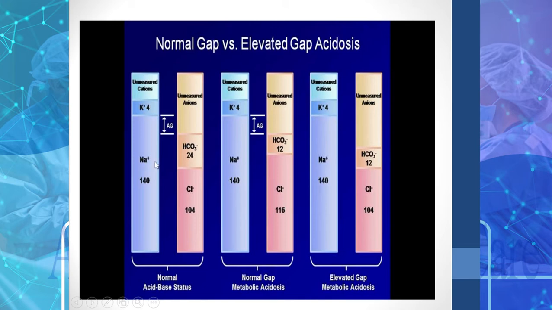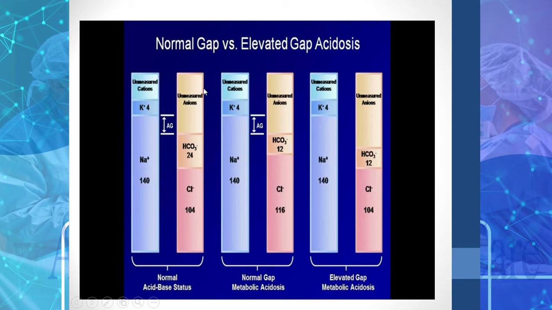Again, electroneutrality should be maintained in the body. The body has cations represented by the potassium and sodium, and unmeasured cations like magnesium, calcium, and all the positively charged electrolytes. And then we have also the negative component, and this negative component is composed of the HCO3 and chloride mainly, and unmeasured anion.